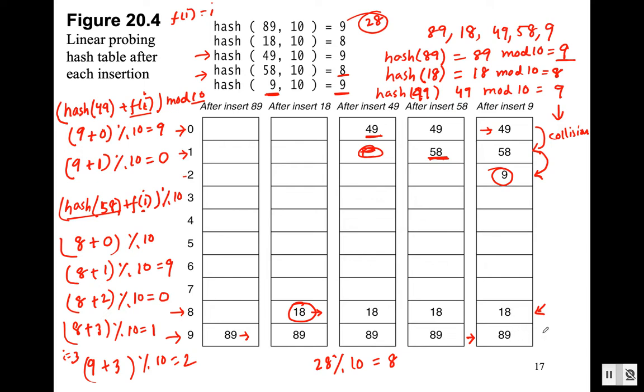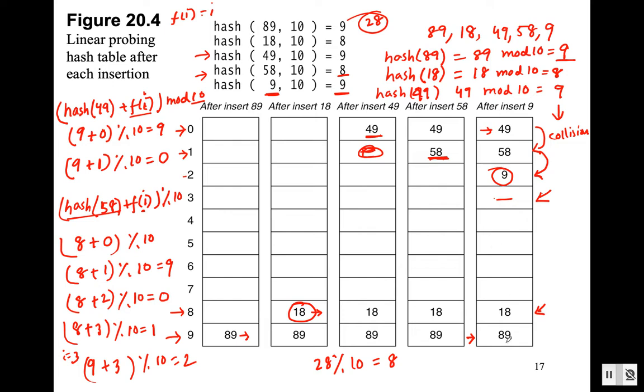It's still not there, so we look at the next cell. Not there, not there, not there, and we found an empty cell, but still we didn't find 28. That means 28 is not in the hash table.